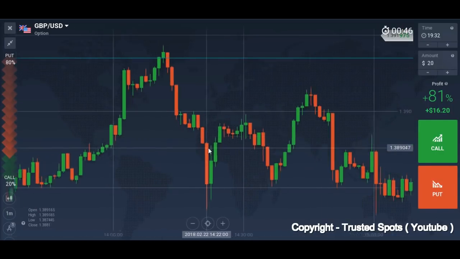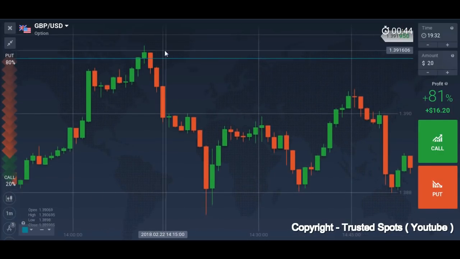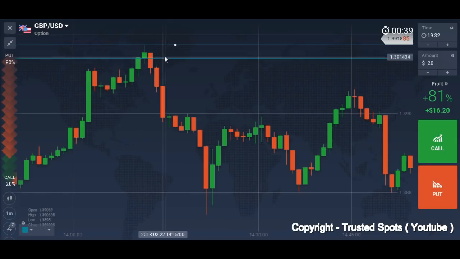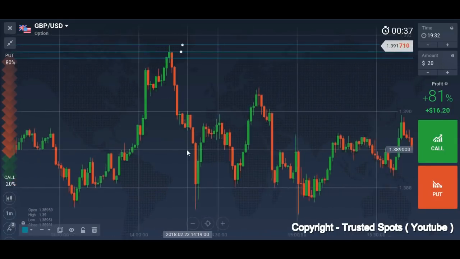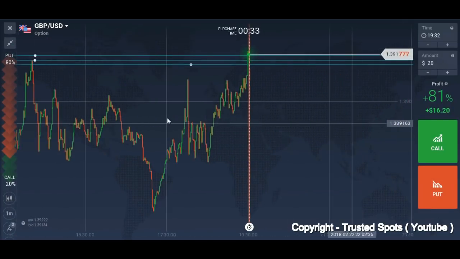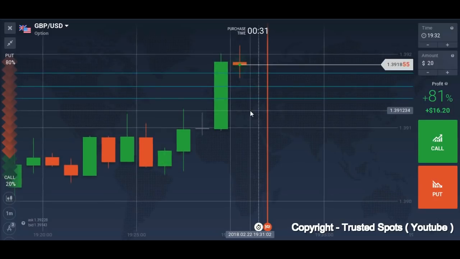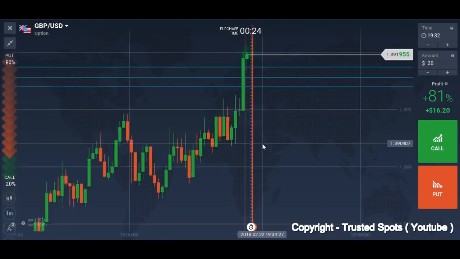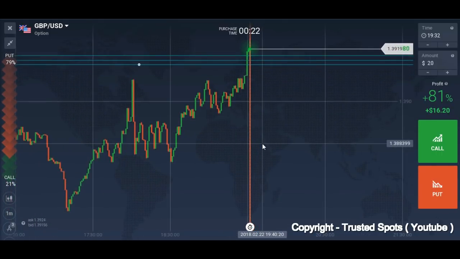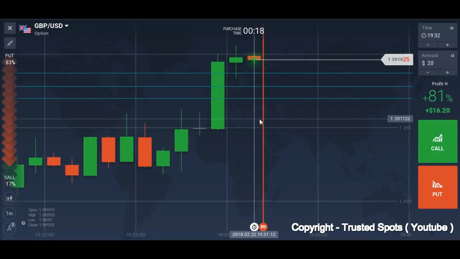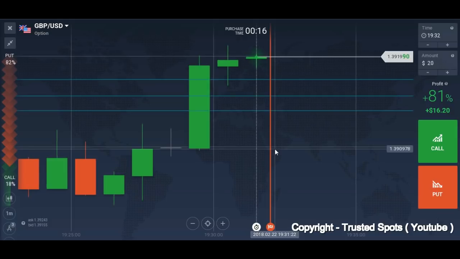Here also we have an extreme level, and that's it. Okay, this is a breakout, and we kind of missed a trade. So let's wait for the market to go down, and if we have the rejection, I will place one more trade for a call.